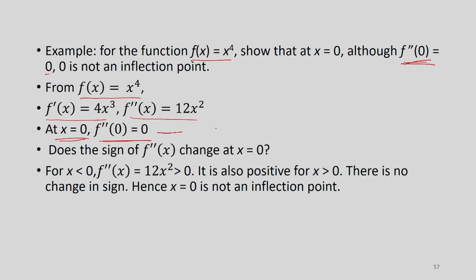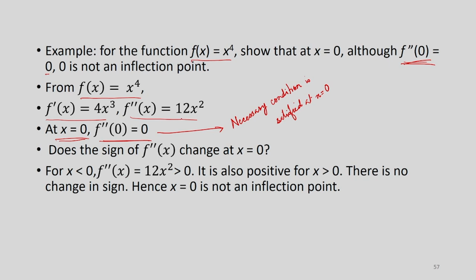So, the necessary condition is satisfied. Right, but we do not know about the sufficient condition. For that, we have to find out what happens to the sign of the second derivative. Does it change at x is equal to 0? So, that is the sufficient condition.